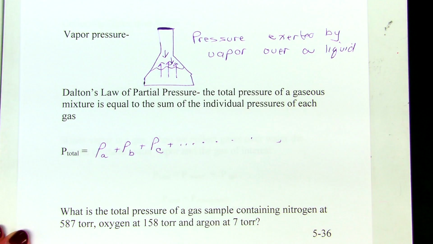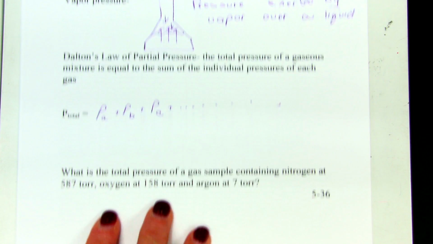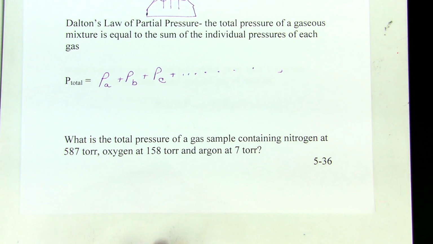If I had 50 gases in there, I could add the pressure that each one would have by itself to the pressures of the others and get the total. So we can do some really simple addition problems with this. And when you see these kinds of things on the test, don't mess them up because they're too easy, right?